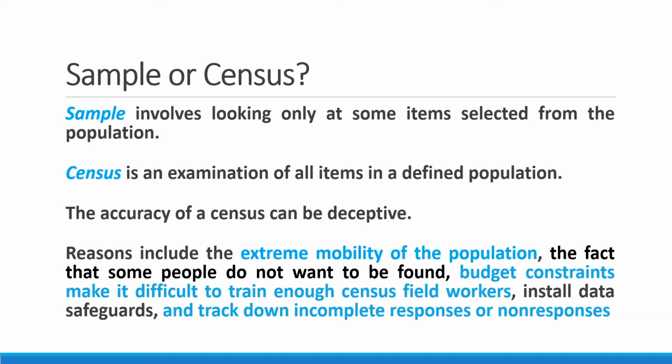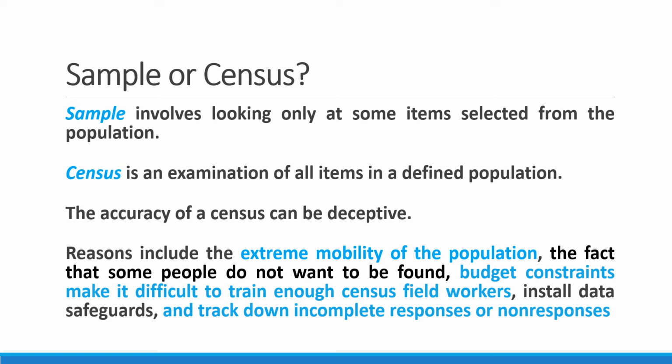Some of them may travel at weekends to other governorates in order to work or in order to visit their family and relatives. So sometimes the same individual may be counted more than one time in different geographic locations.